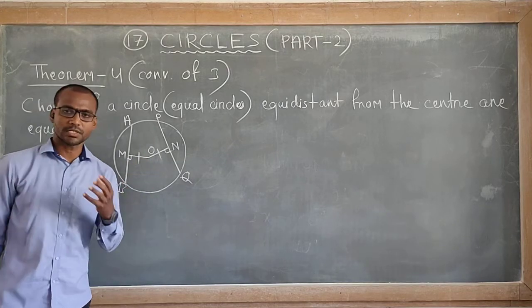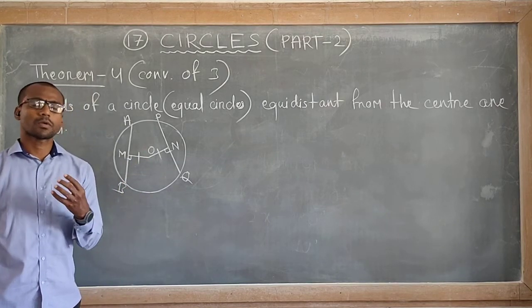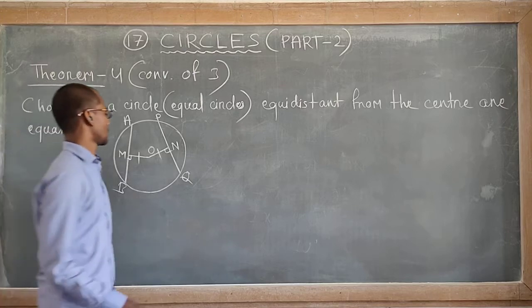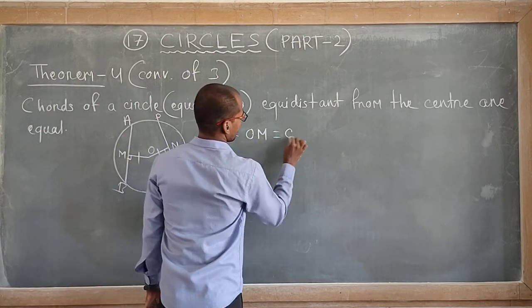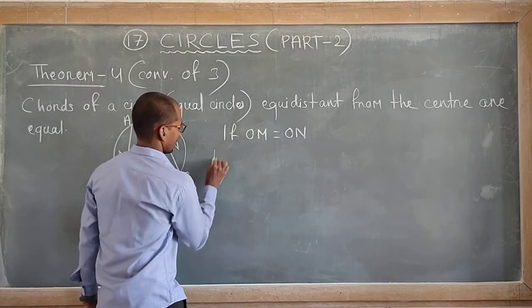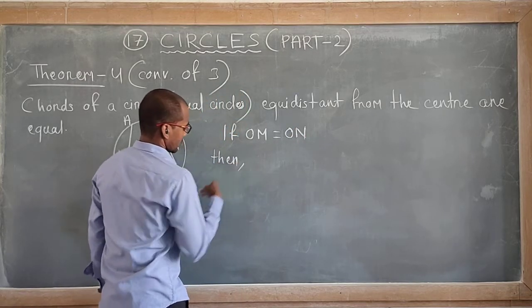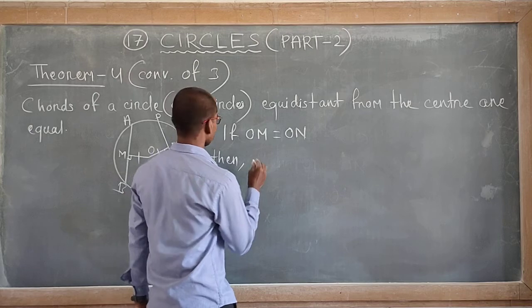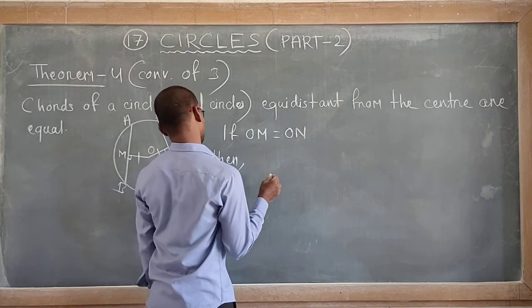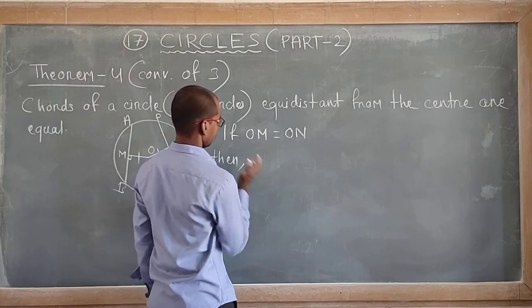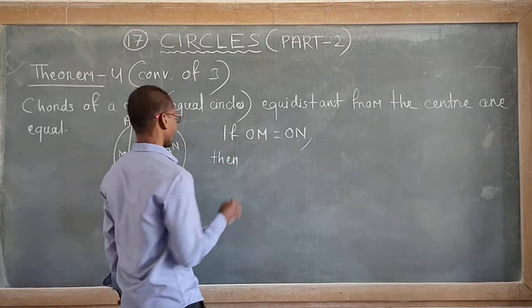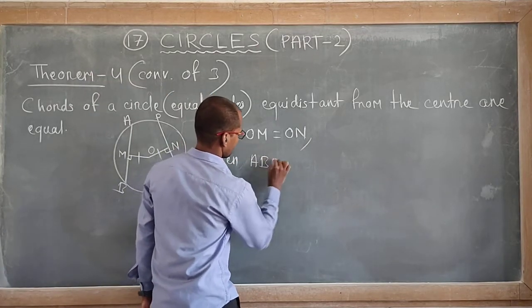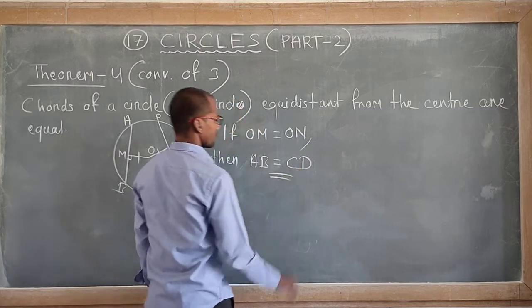OM is equal to ON, means distance same, then chords will also be equal. So if OM is equal to ON, then AB is equal to CD.